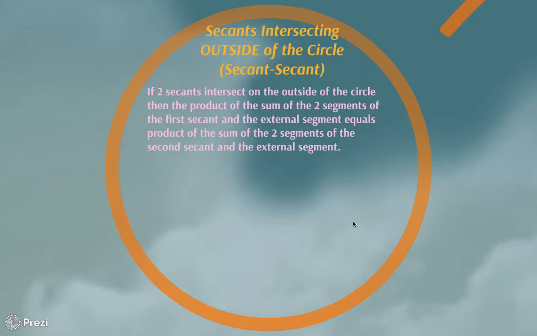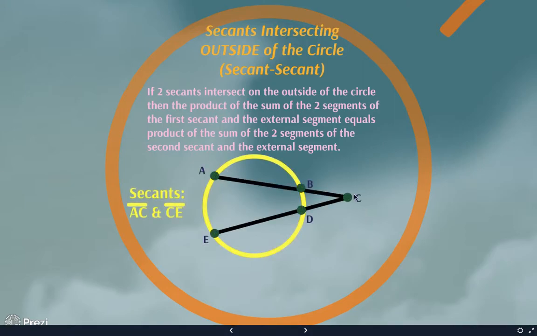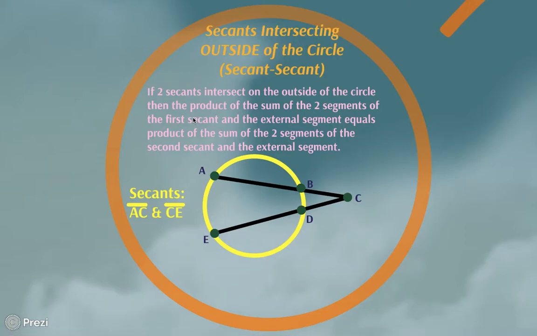If two secants intersect on the outside of a circle, like currently I have secants AC and CE, the first secant's external segment times the entire first secant equals the external segment of the second secant times the entire second secant. That's a bunch of mumbo jumbo, so I need to break down what that means.